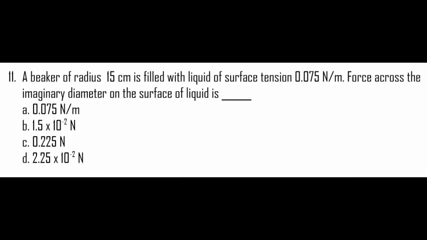Because of this physical quantity, liquid tries to contract and keeps its surface area as small as possible. That's the reason why liquid drops are spherical in shape, since sphere has the minimum surface area.